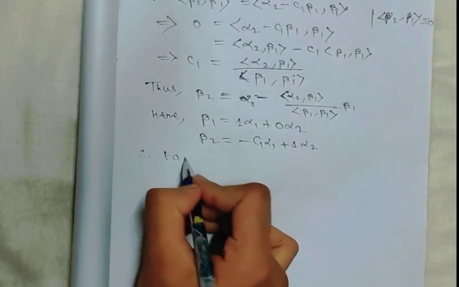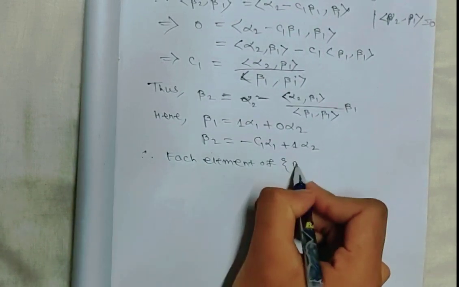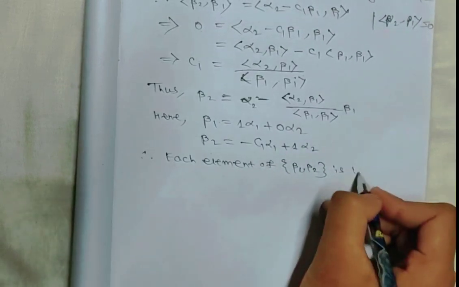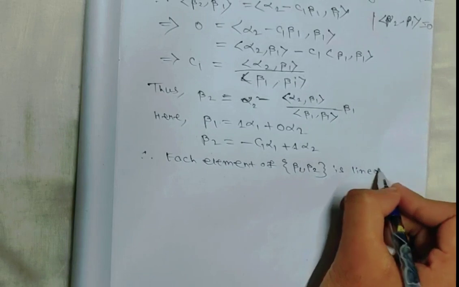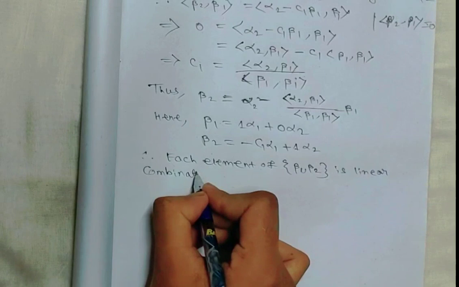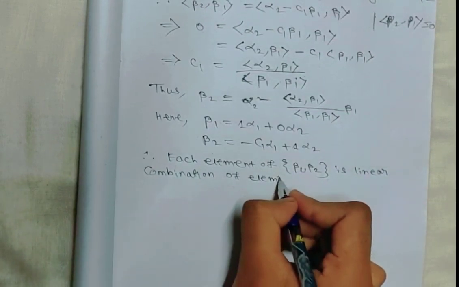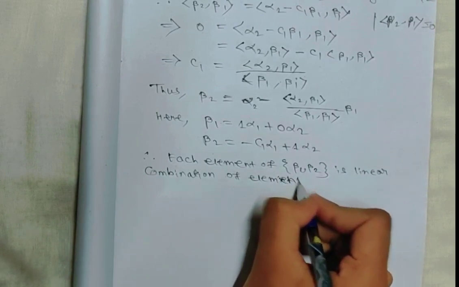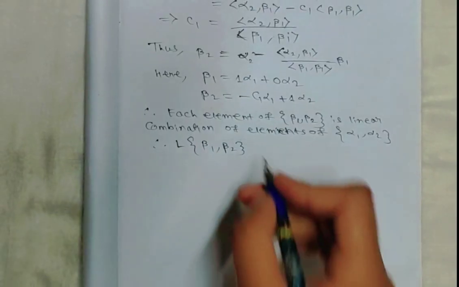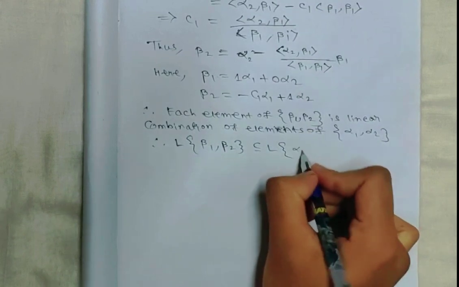Therefore each element of beta 1, beta 2 is a linear combination of elements of alpha 1, alpha 2. Therefore the linear combinations of beta 1, beta 2 are contained in the linear combinations of alpha 1, alpha 2.